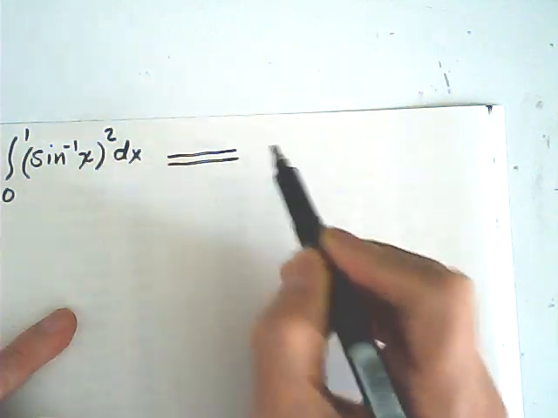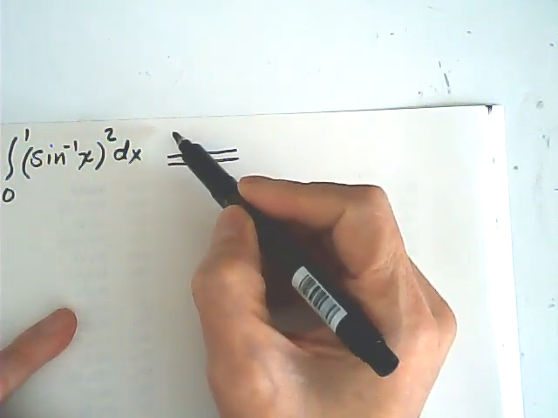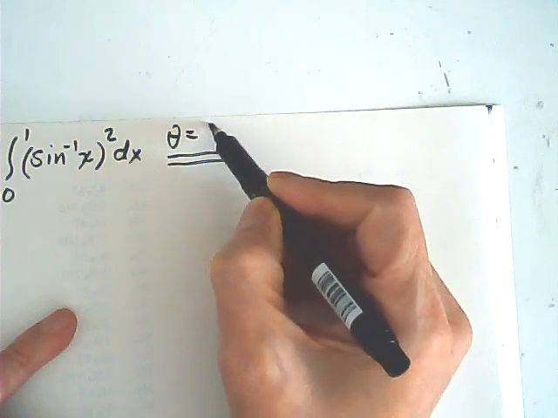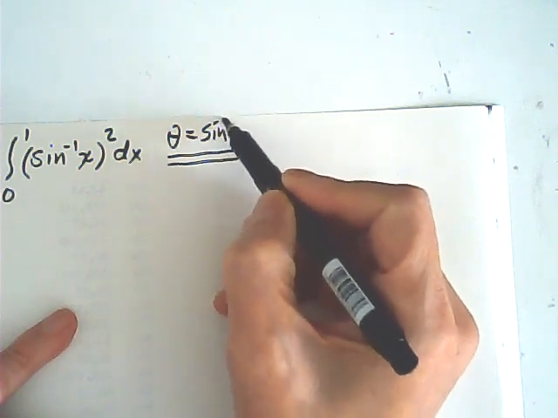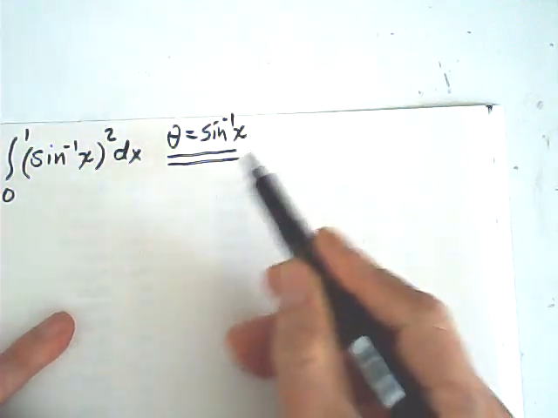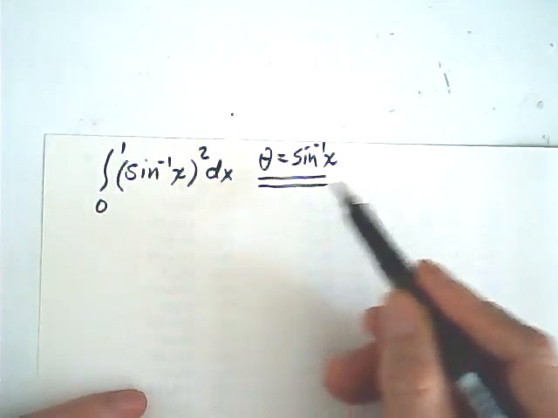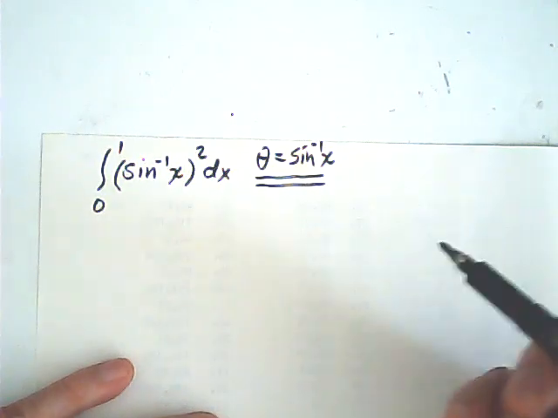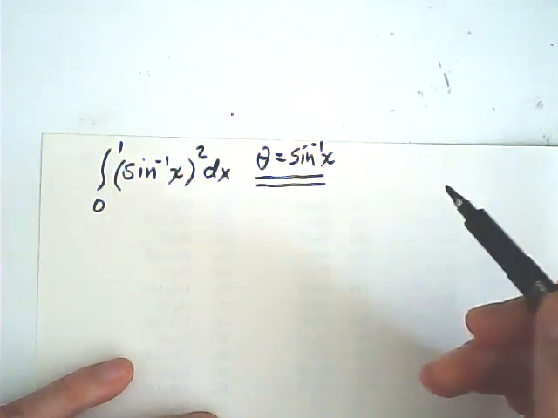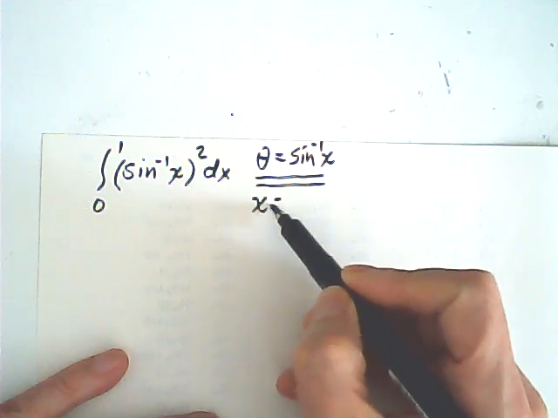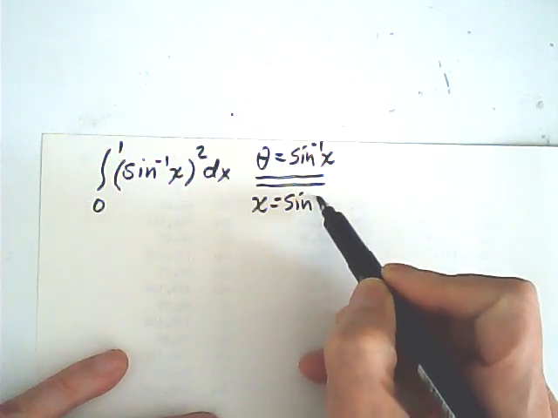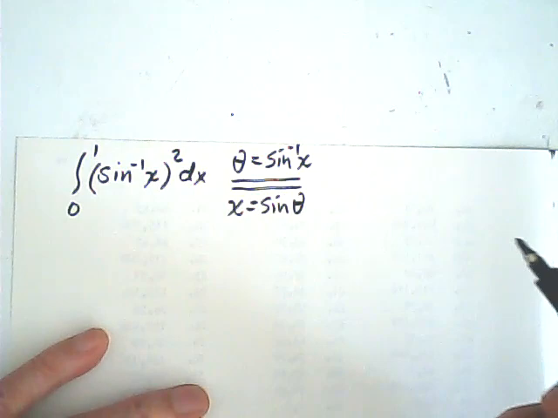So I let theta be arcsine x, because arcsine x is an angle. So I use this theta for that angle, and therefore x is equal to sine theta, right?